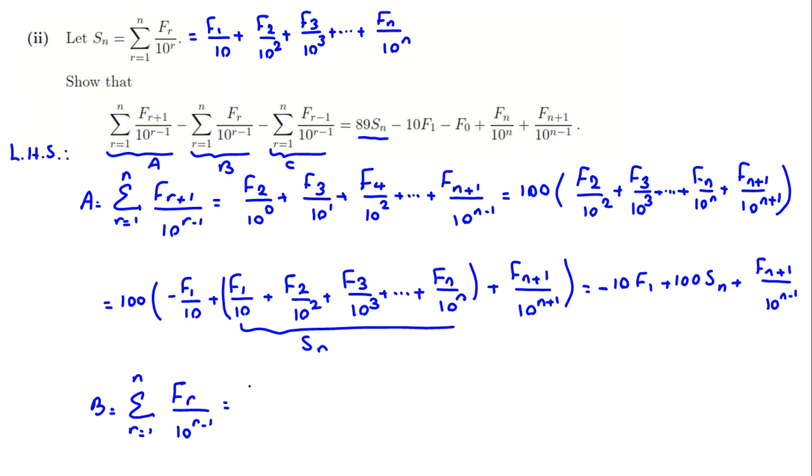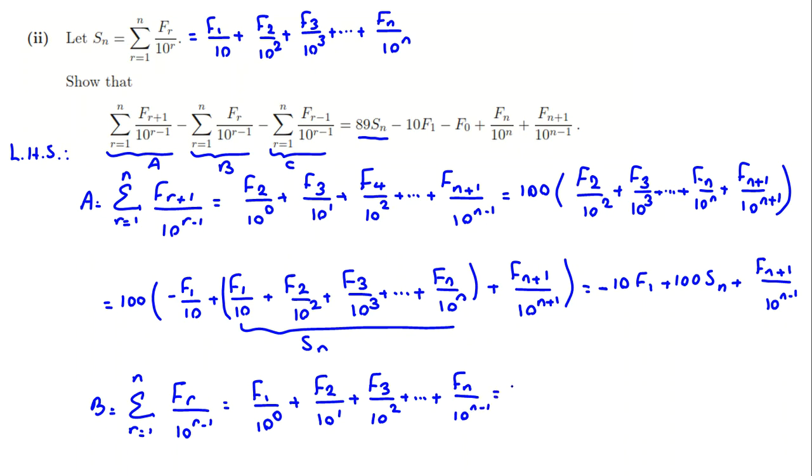So if you replace r with 1, it will be f1 over 10 to the 0, plus f2 over 10 to the 1, plus f3 over 10 squared, plus up to fn over 10 to the n minus 1. It is so much similar to Sn.